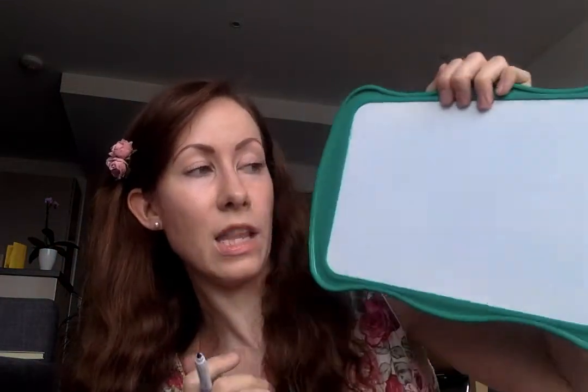Right, so what we're going to do now is I am going to say some words and I want you to have a little go at spelling them, okay? So I'm going to draw some pictures for them, okay? And then we'll write them together, but you can always have a go first.